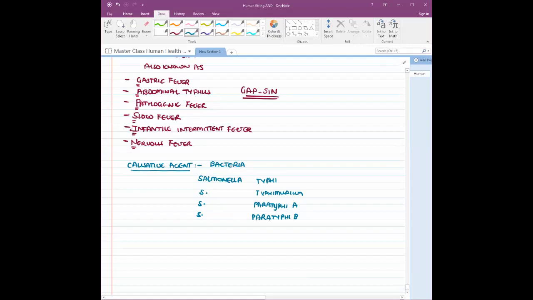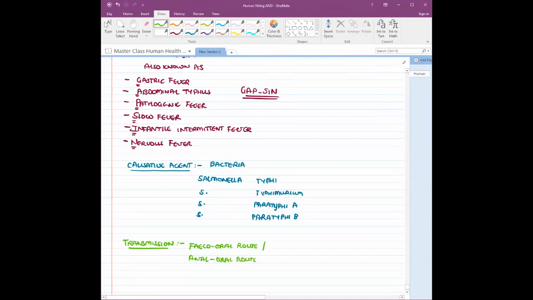Now, how is the transmission going to occur, and what really happens there? Once again, it is the same thing. Transmission is going to occur through the fecal-oral route, or the anal-oral route.